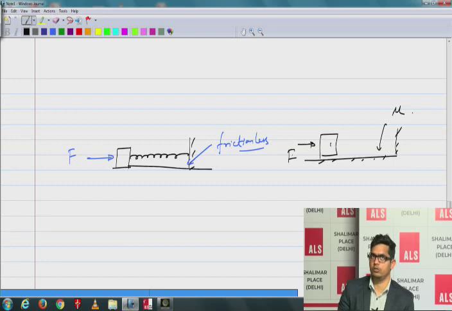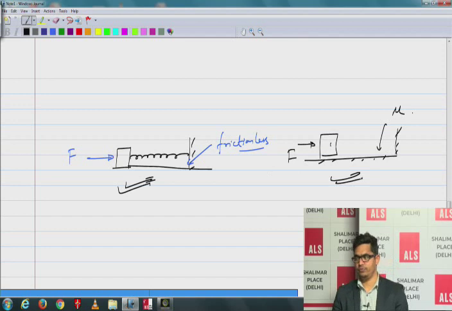It is lost through vibration, heat. There are so many things in friction. So that energy is lost to the system. Here it is available. And that is why we call the spring force a conservative force, and friction a non-conservative force. Is that clear? Understood? Yes or no?